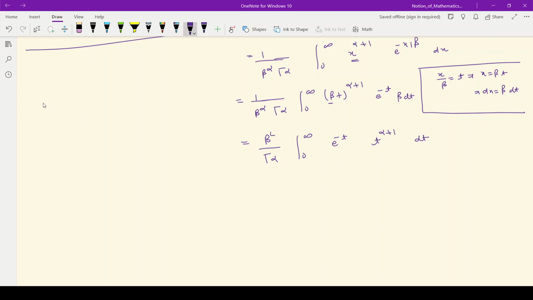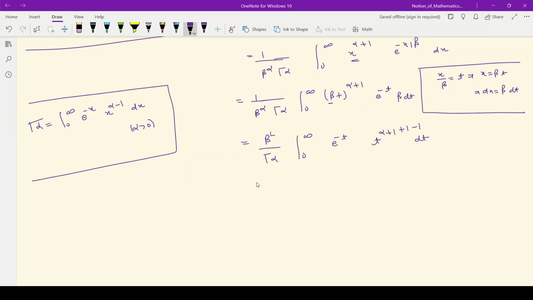Now again I will utilize this particular formula of the gamma function, that is gamma alpha is the integral from 0 to infinity of e to the power minus x, x power alpha minus 1 dx, where alpha is given greater than 0. So here I will add 1 and subtract 1. Ultimately it is beta square by gamma alpha, integral from 0 to infinity of e to the power minus t, t to the power alpha plus 2 minus 1, dt.